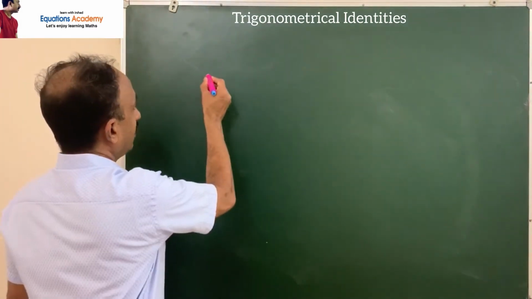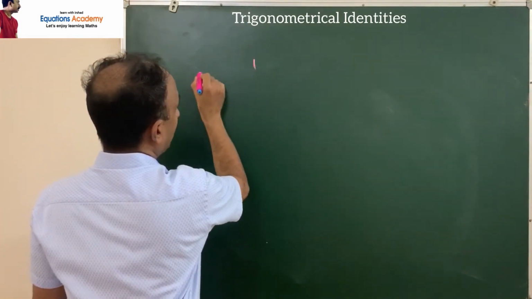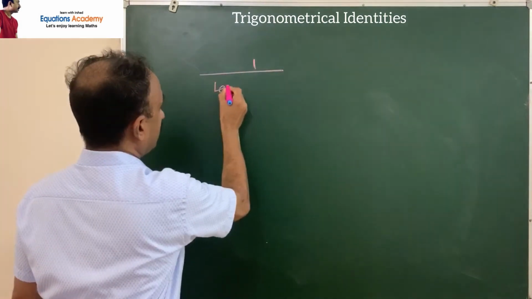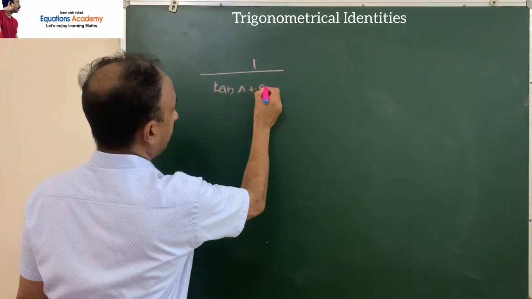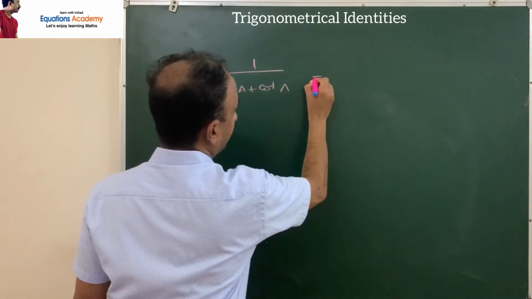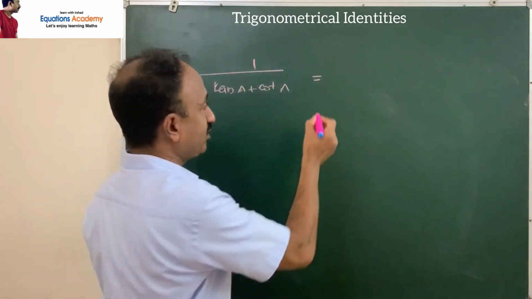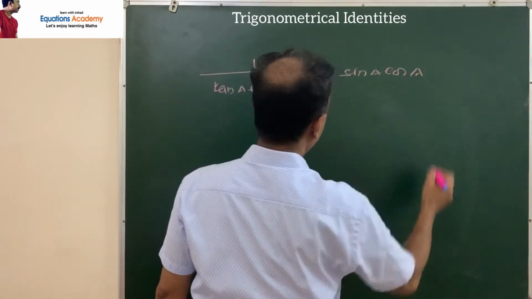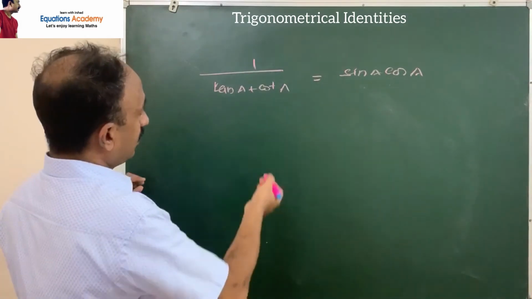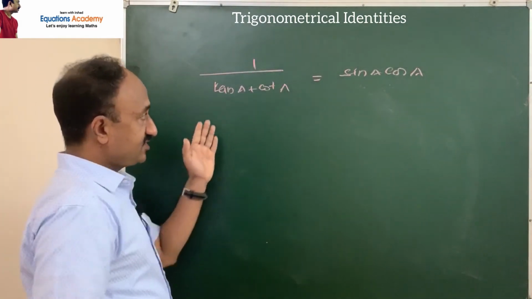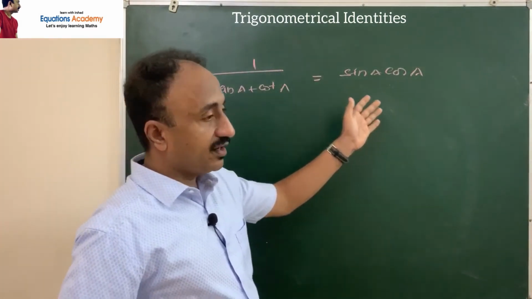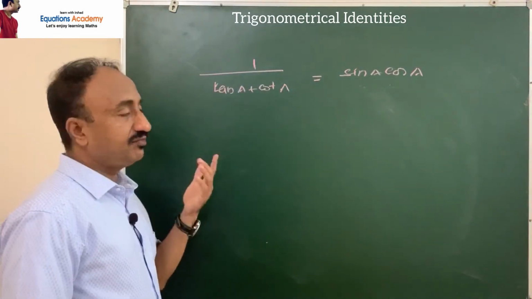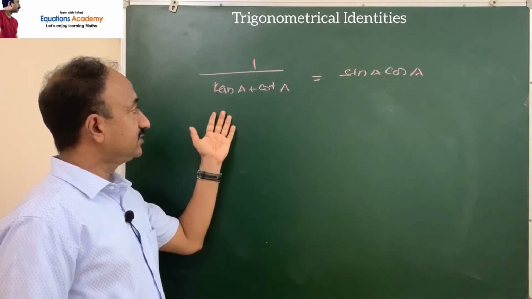Question 3, prove that 1 divided by tan A plus cot A is equal to sin A cos A. Here LHS is tan A and cot A, RHS is sin A and cos A. So again we have to rewrite these terms.